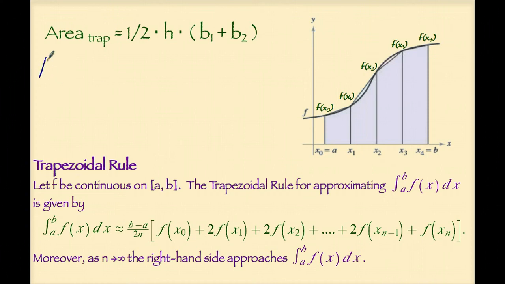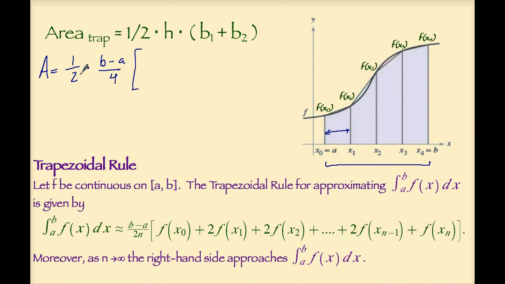Therefore, the combined area of those trapezoids will be 1/2 times the height of each trapezoid. This height can be found by subtracting the endpoints of the interval and dividing by the number of equal subintervals we choose. In this case, that's 4. So the height of each of these trapezoids will be b minus a over 4.